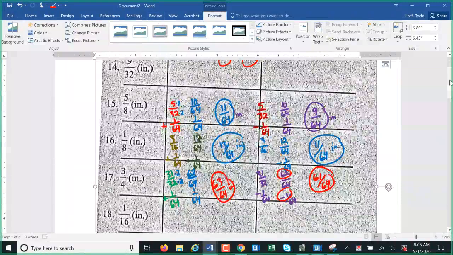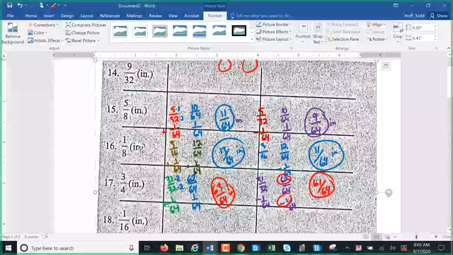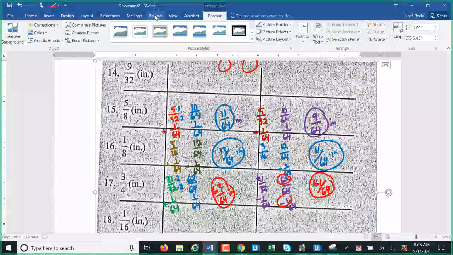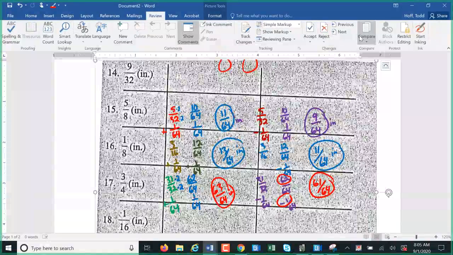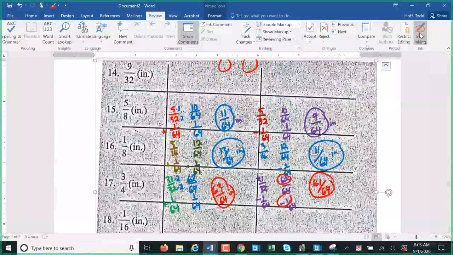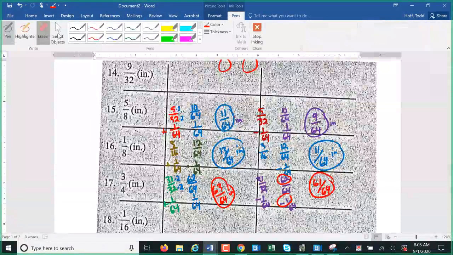For 9/32, 5/8, all those 5, 14 through 18, tell me what is the next size larger and what is the next size smaller for each of those tools.